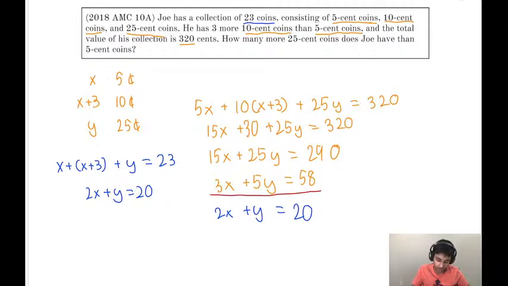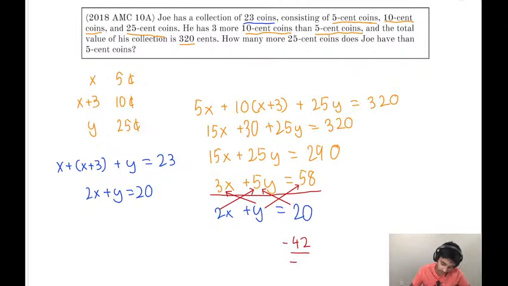And now we can use the diagonal product method for solving this system. If you don't remember, you can always check out the video I have on how to use this. So we can do 1 times 58 minus 5 times 20, which is negative 42, divided by 1 times 3 minus 2 times 5, which is negative 7.